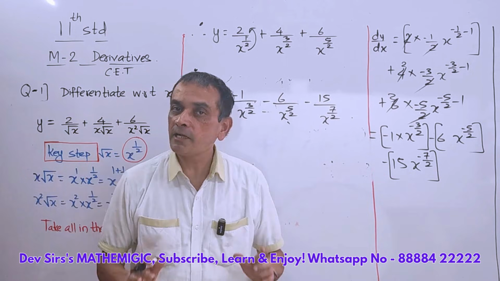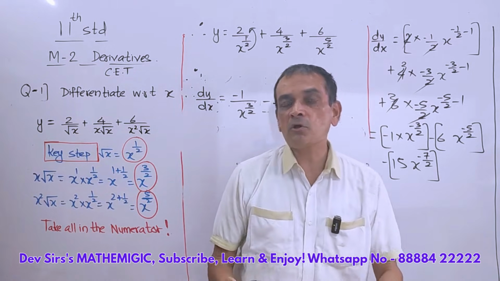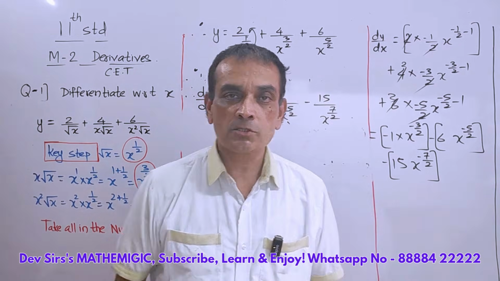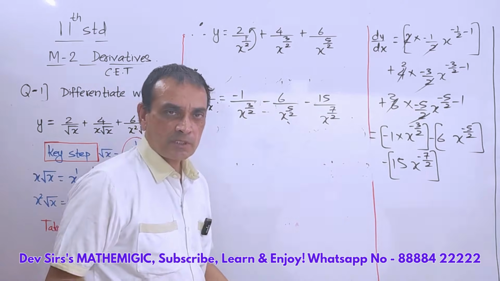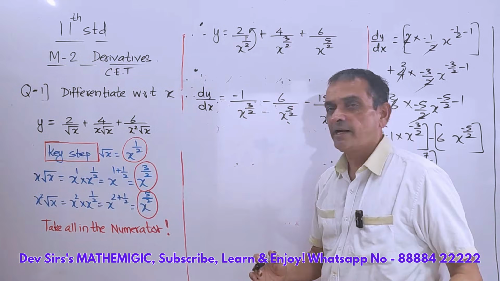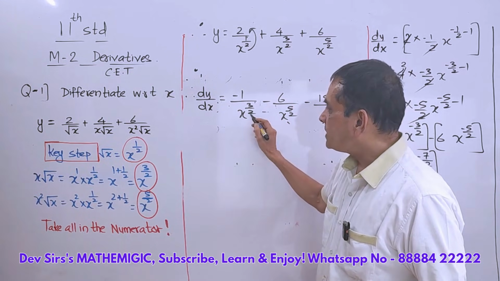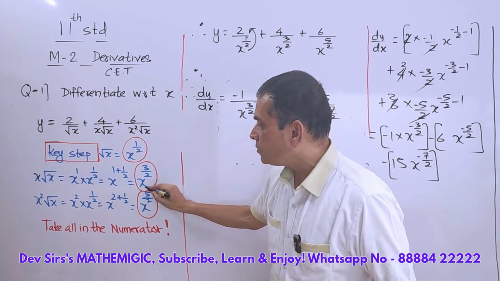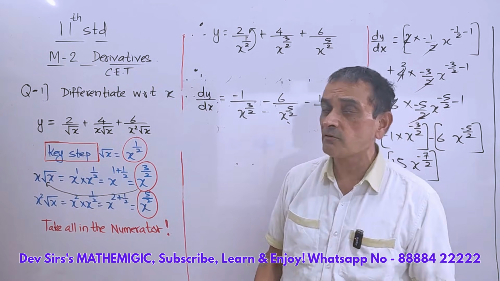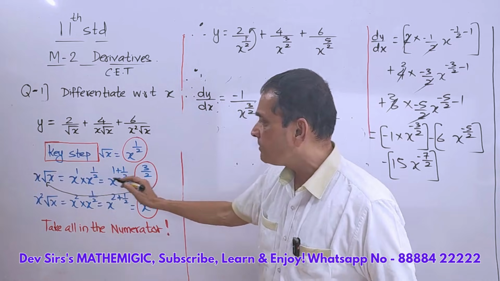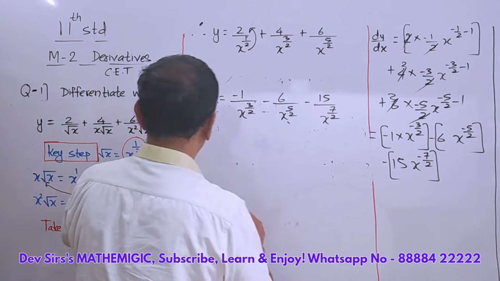Now friends, the interesting thing was, this option was also not given. So let's do one thing and again use the basic laws of indices which you have studied. x raised to 3 by 2 can be written as, we have to go backwards here, x root x. Remember certain formulas now. x raised to 3 by 2 is x root x.